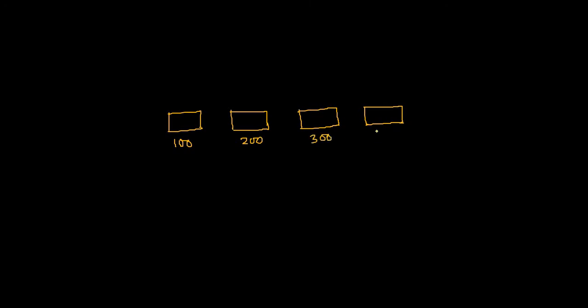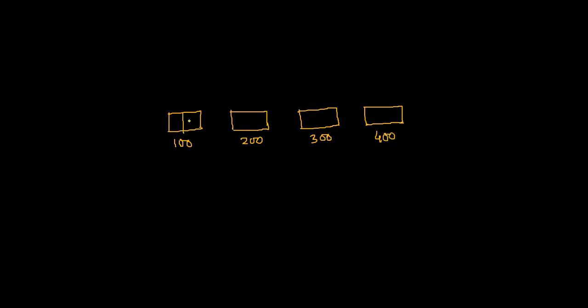So that means you have some linked list of, say, 4 nodes in your hand, and say this is 100, its address is 200, the address of this node is 300, and the address of this node is 400, suppose.